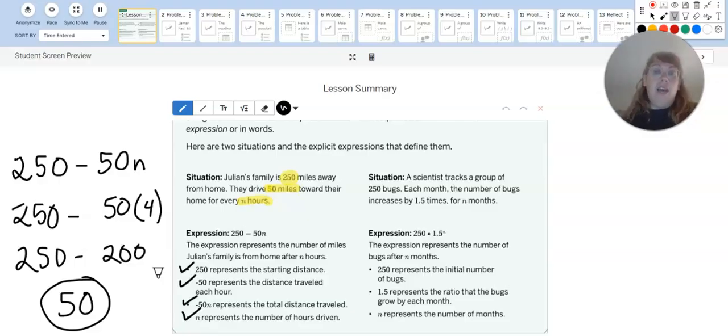On the right, we have a scientist tracks a group of 250 bugs. And it says each month, the number of bugs is 1.5 times more for n months. So we're doing a geometric sequence.